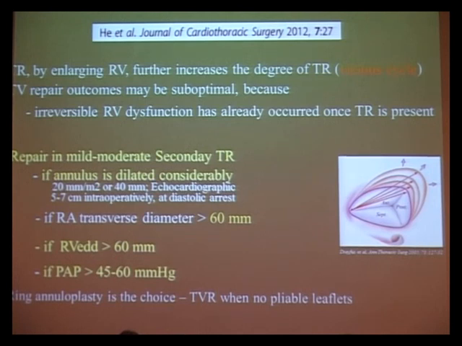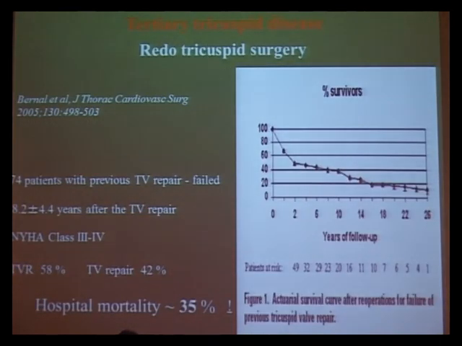Ring annuloplasty is usually done, but there are a lot of techniques that we can perform. I know that most of the audience is not surgeons, so I'm not giving very much insight about the techniques.